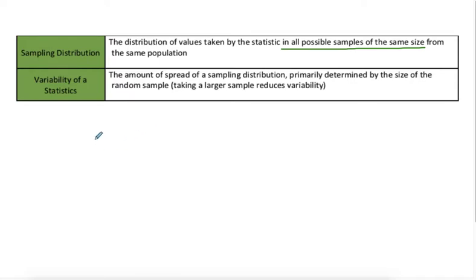So this would mean if I had all of these students, and if I looked for a sampling distribution, I would look at maybe their GPA. And if each one of these dots represents a student and I'm looking for a sample size of 2, I could look at these 2 students and find their average. So this would give me an X bar.